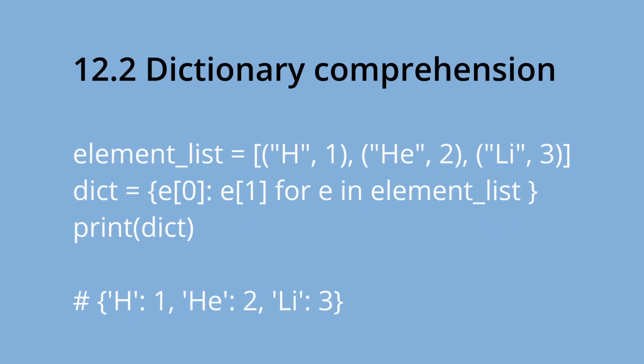Dictionary comprehension. Suppose we have a list of tuples. element list equals (H, 1), (HE, 2), (LI, 3). The corresponding dict can be created with dict comprehension like this. dict equals {e[0]: e[1] for e in element list}. This creates H: 1, HE: 2, LI: 3.